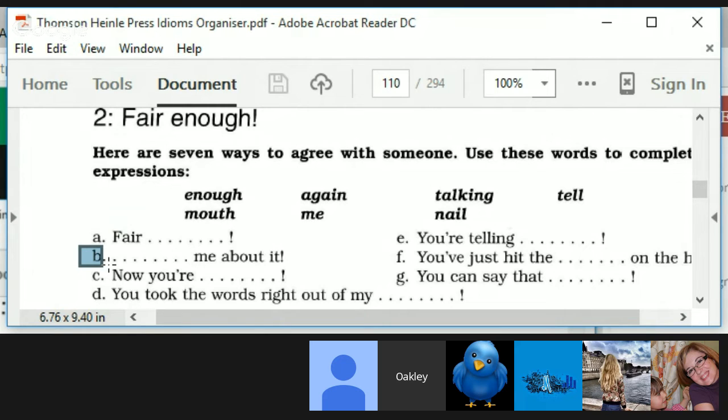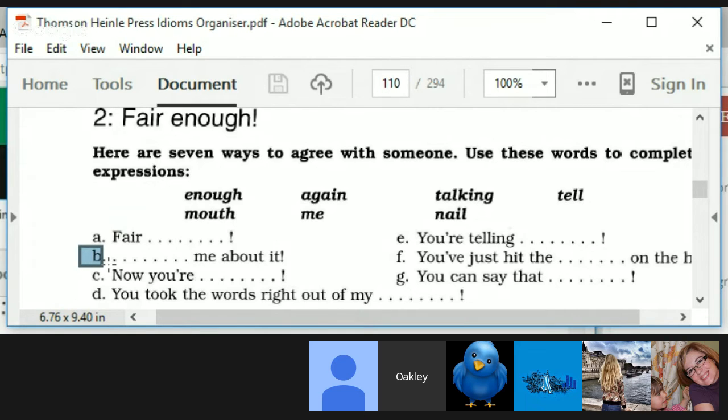Okay, Roberto, how about B? Tell me about it. Yeah, okay, but definitely needs intonation here. Can you try it with a little intonation, a little feeling here, Roberto? Tell me about it. Yeah, okay. This is a sarcastic statement.